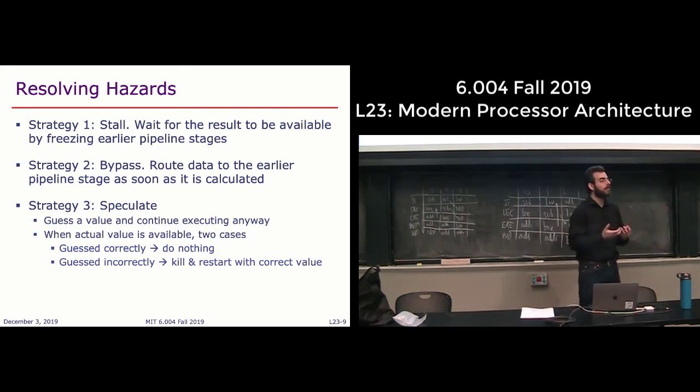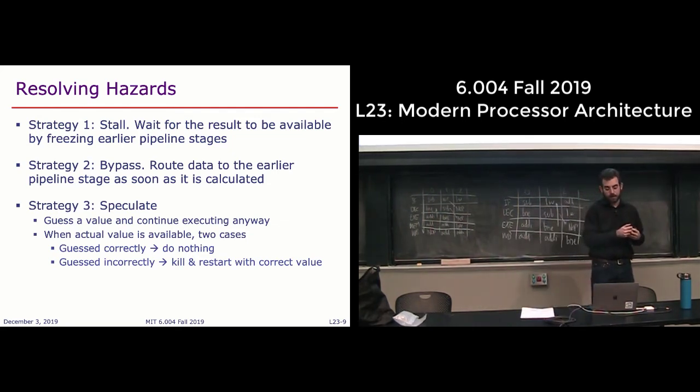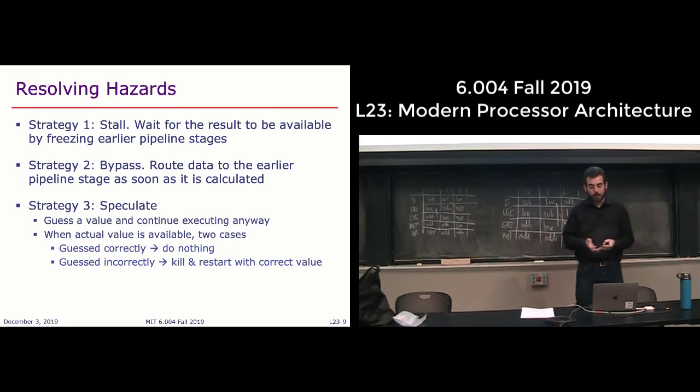The problem that we have with hazards is you have an instruction that needs a value that is produced by an earlier instruction. So you can wait for the value to be produced and written to the right place. For example, if it's a register file, you can wait for the data to be available in the register file. You can bypass, you can route the data to the consumer of the data as soon as it is produced.